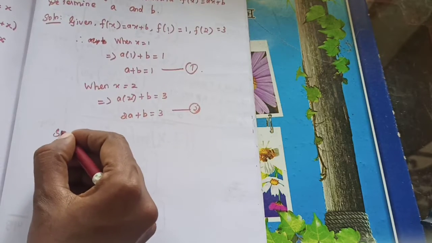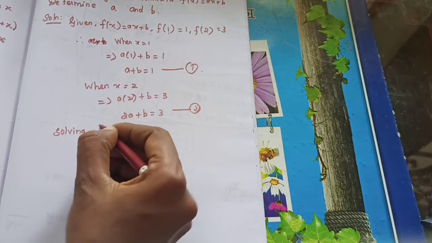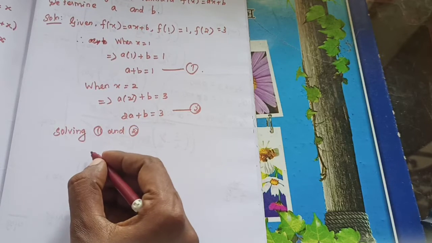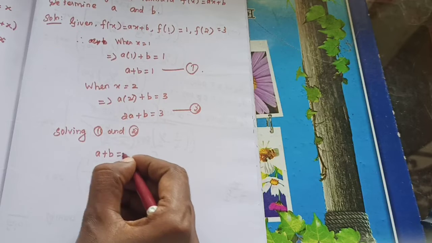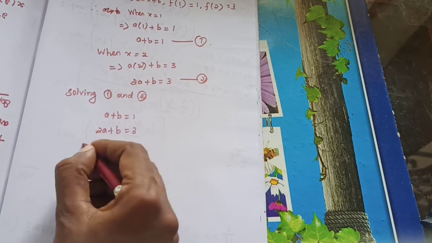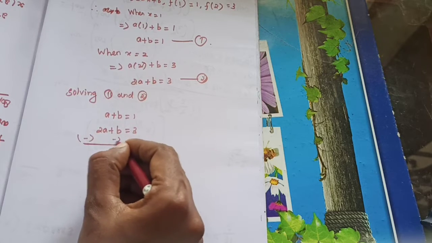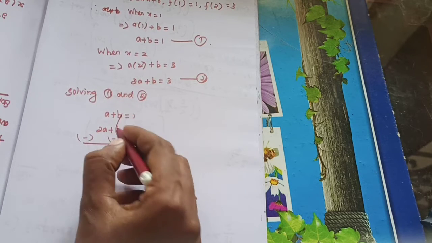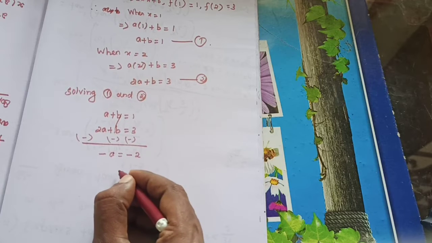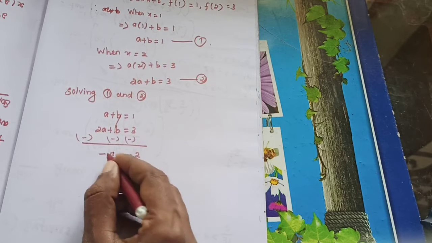Solve equation 1 and 2. a plus b equal to 1, 2a plus b equal to 3. Negative, again negative, again negative. So this will go. So what will you get? Minus a equal to minus 2. So a equal to 2.